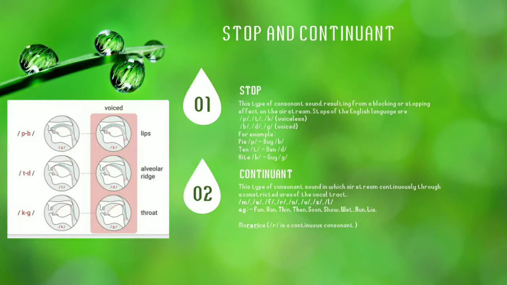And these are examples of continuant consonants: m, s, f, r, n, v, z. Like in the words fan, van, thin, then, soon, show, run, lie.